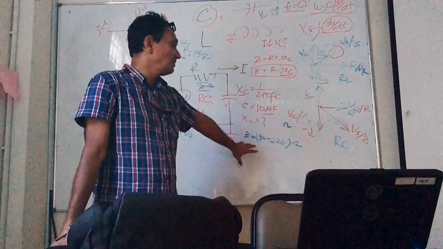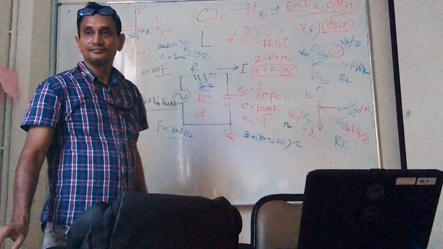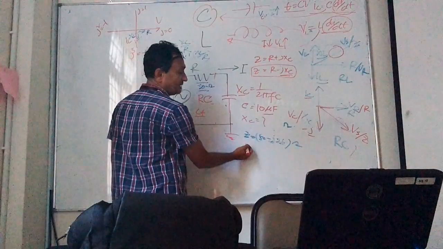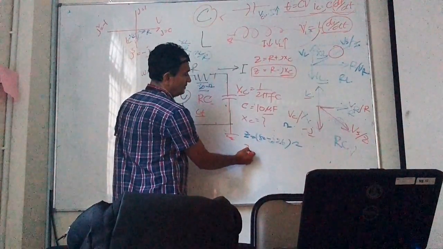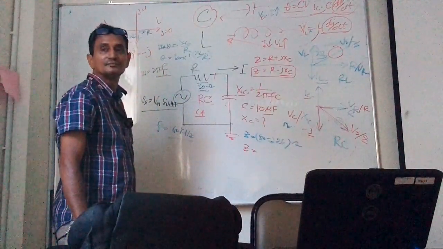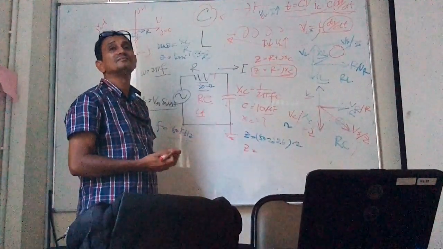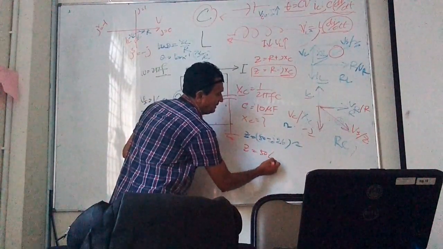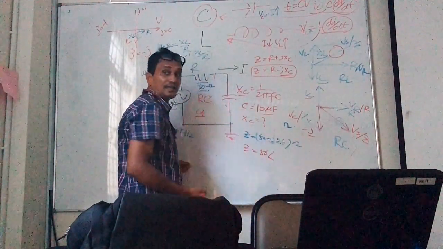So how much now? Z value, for 26 ohm, for 10 microfarad, how much? It's 56. Then the angle? Definitely lagging.